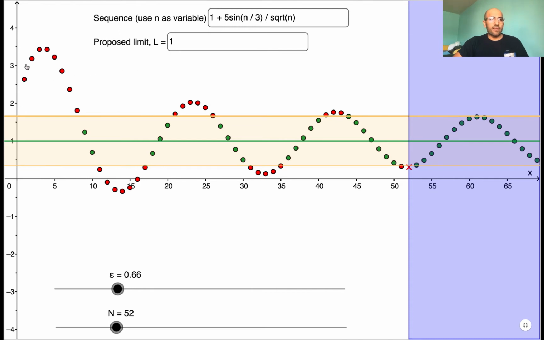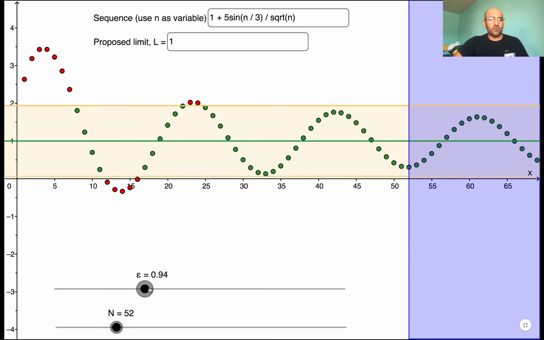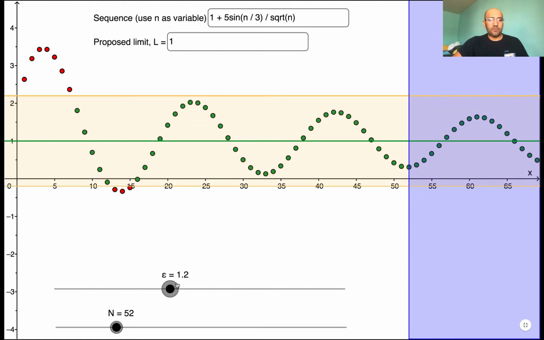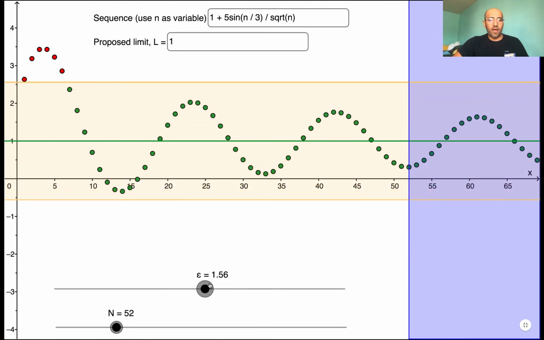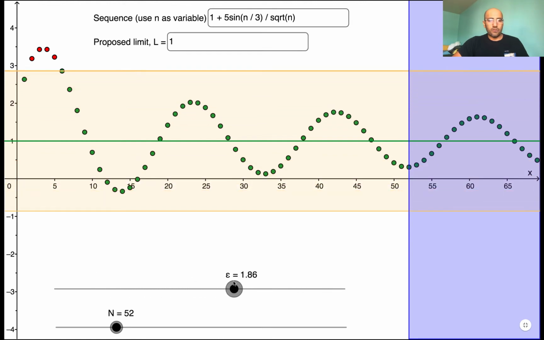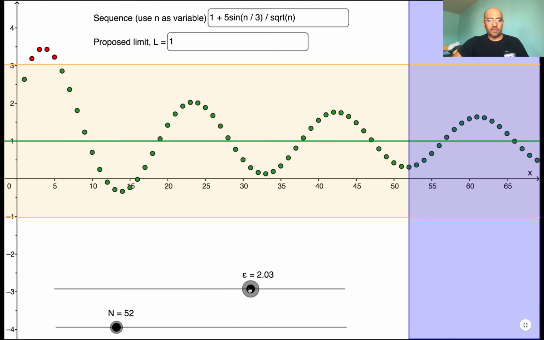Then the second one, the third one, the fourth one, the fifth one, the sixth one, and so forth. Somebody chooses the epsilon. Let's say the epsilon is nice and wide. They think 2, their threshold is 2. There it is. So epsilon is a very wide band.